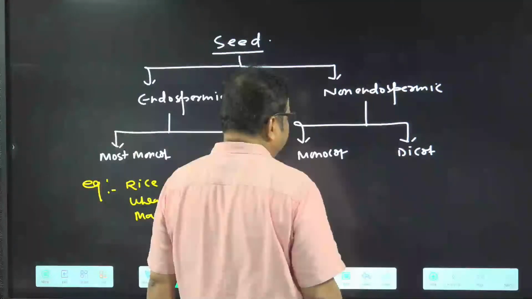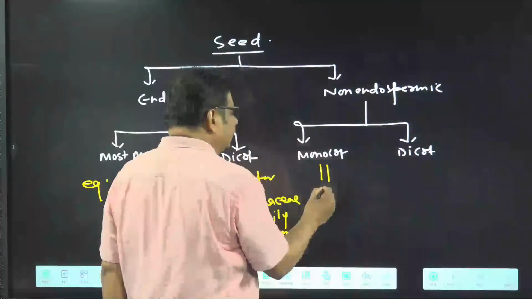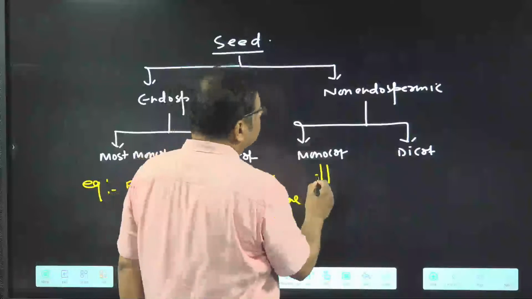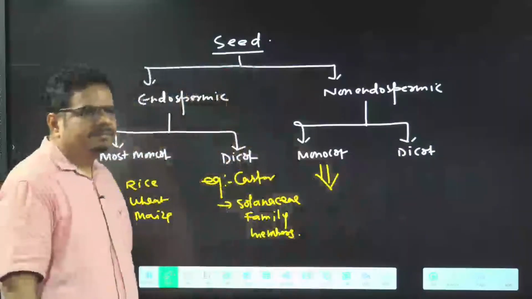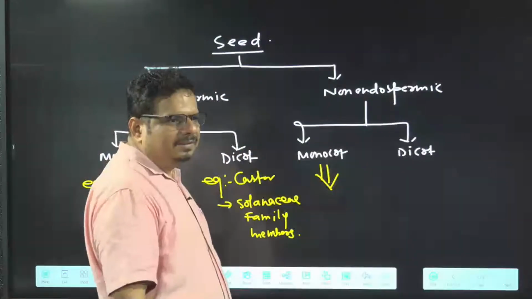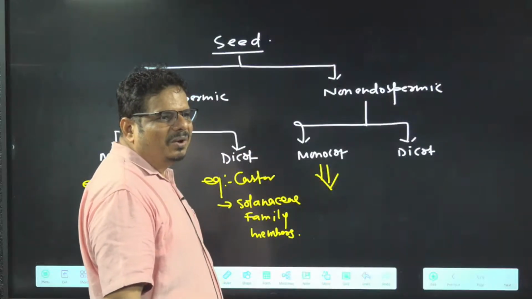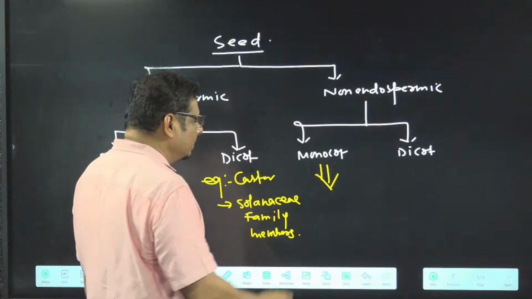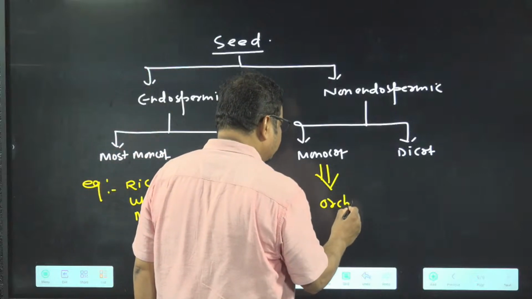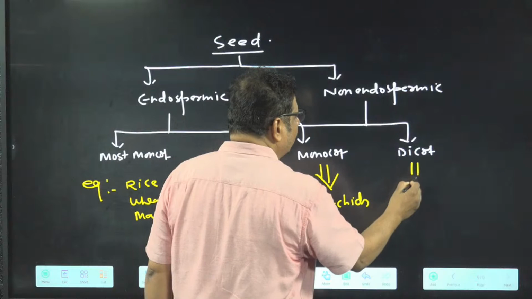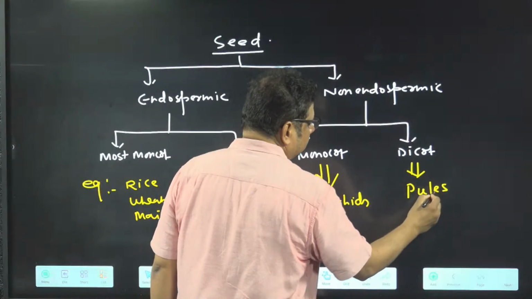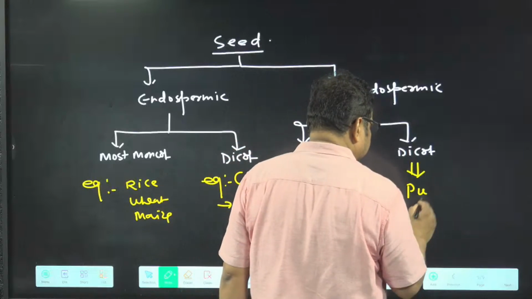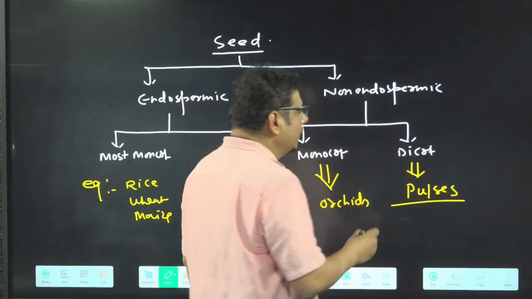Now, non-endospermic seed is present in which monocot? Tell me the example. Very good, orchids. And dicot where non-endospermic seed is there is pulses. All pulses, pappu, have which one?